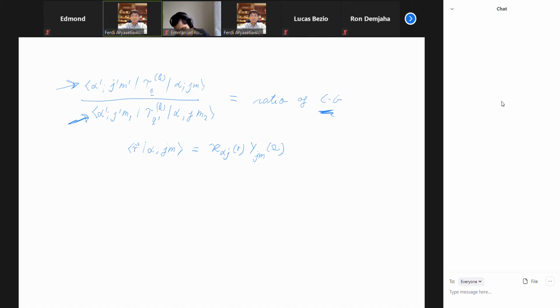The alpha here corresponds to the principal quantum number, like in the atomic problem, and this j is just the L here. So this alpha carries the dynamics of the system. It gives information about the actual system. Whereas the geometry, that is to say the fact that the potential is spherically symmetric, is contained in the spherical harmonics, or in the Y_jm. So this carries the dynamics.